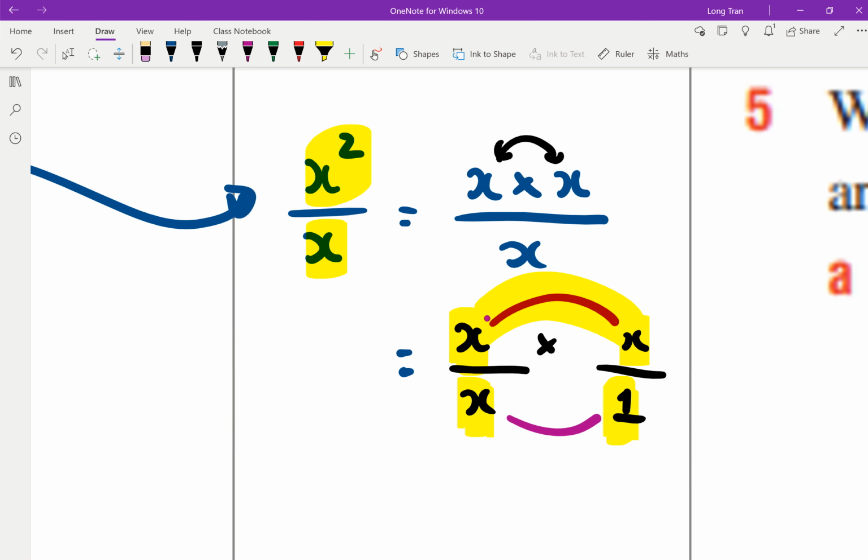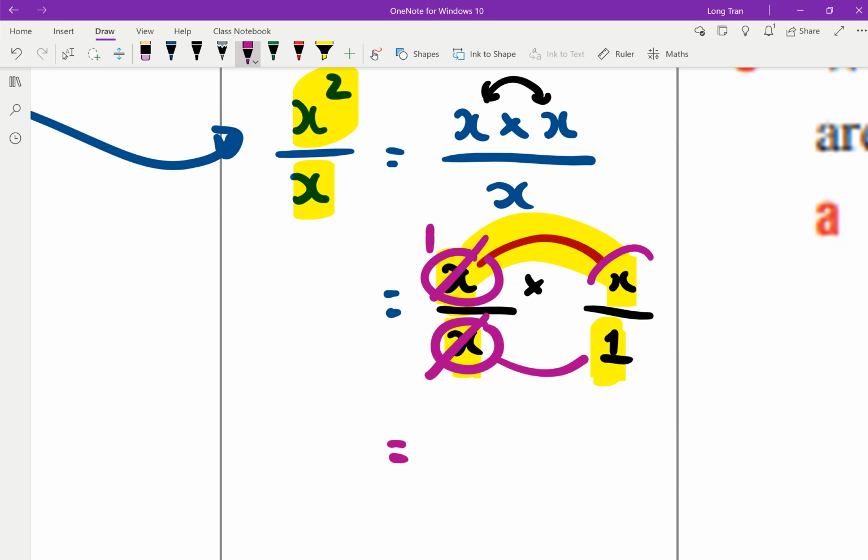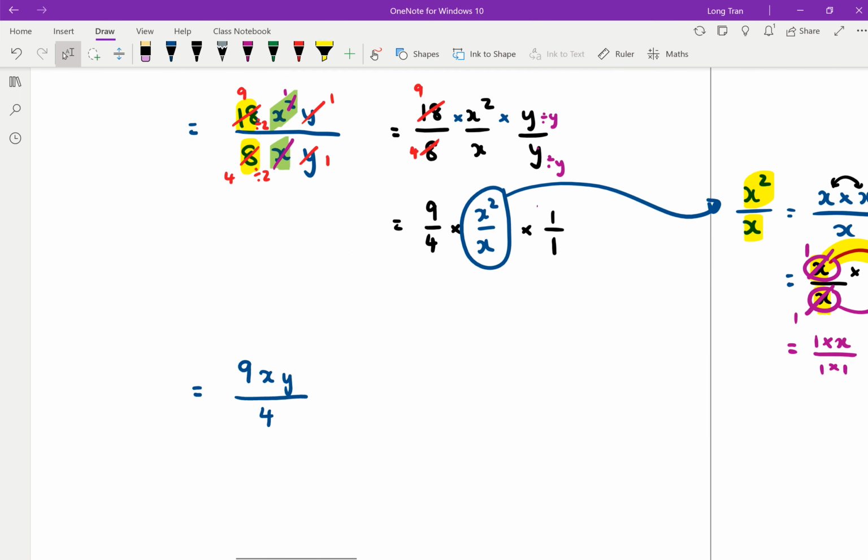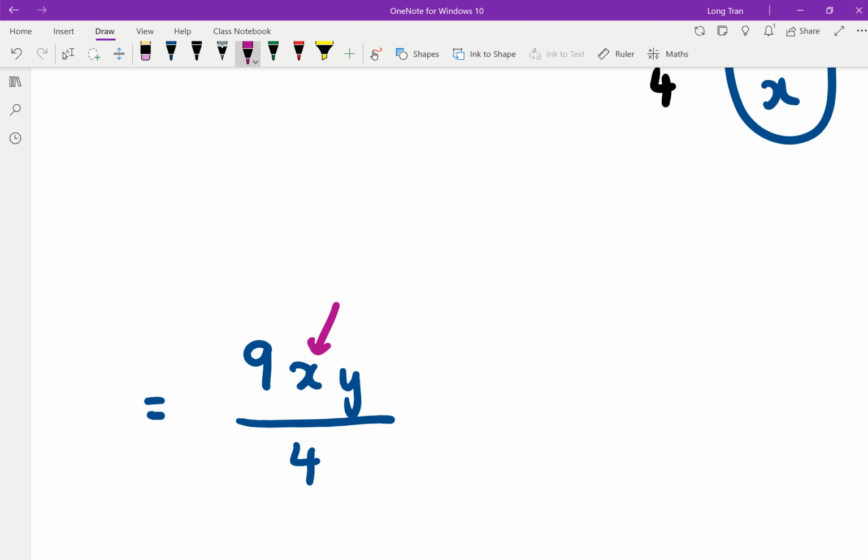Only this will cancel out because x divided by x we knew before was 1. So that means you're still left with 1x on this fraction here. So when you combine it together, it becomes 1 times x over, again, 1 times 1. That's why the answer becomes x over 1. Okay, and that's what my teacher was trying to say here. Can you see there was only one x left over in their answer?